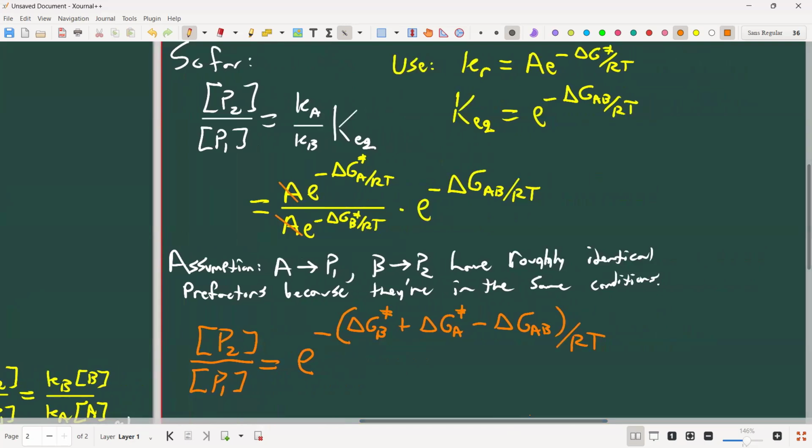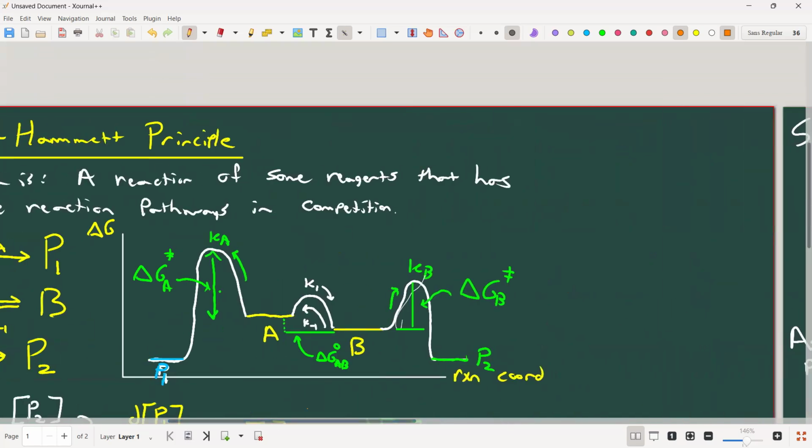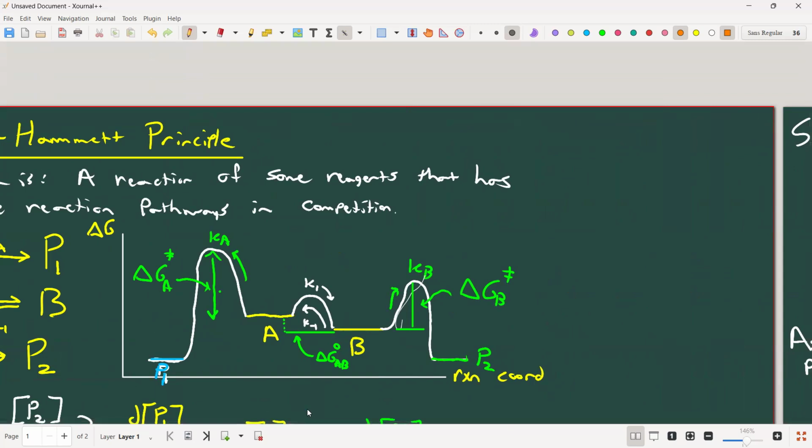Okay, so the product ratio has to do with an energy difference, right? Where we have a sum of these barrier heights and we subtract off the energy difference between A and B. All right, well, let's think about that really quickly. Because these are all referenced to the same thing, right? Delta G A is referenced to the energy of A, delta G B is referenced to the energy of B, and then we have some difference between the reference energies for A and B. Right, so that means that G A and G B are interrelated.